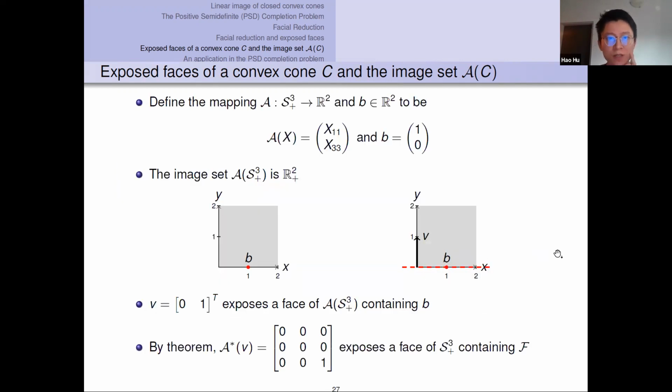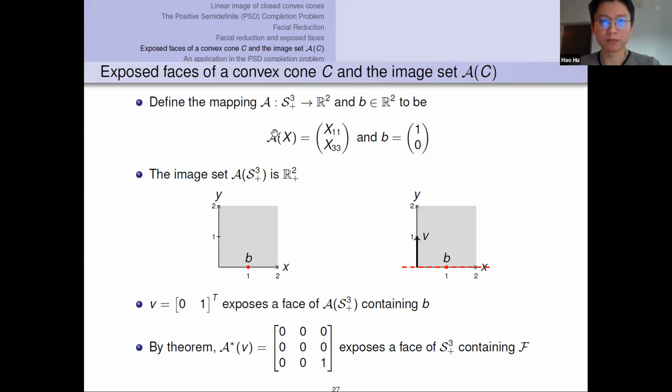For example, let's look at the following concrete example. We define the linear mapping A from the 3x3 positive semi-definite matrices to R2, and the right-hand side B is a vector (1, 0).